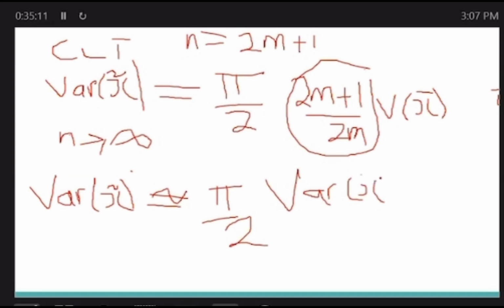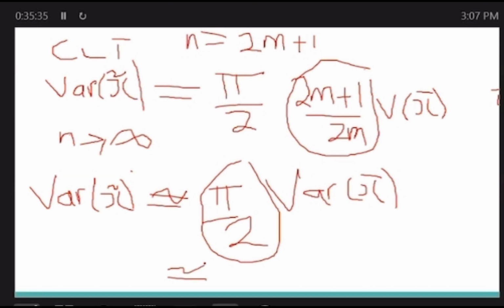If I want to know which one is greater, then I need to consider this fraction. What does pi over 2 give us? Pi is 22 over 7, right? 22 over 7 divided by 2 will give you about 1.57.